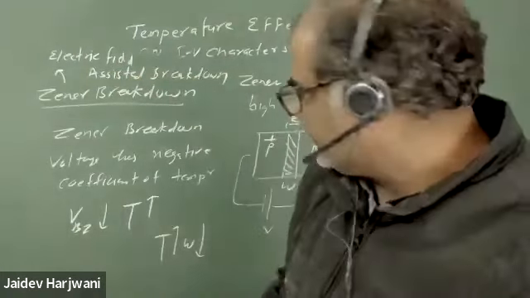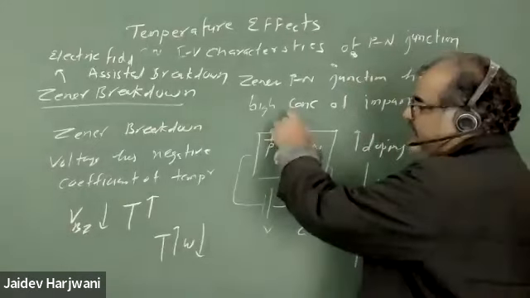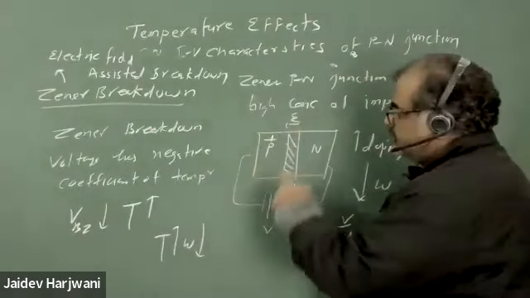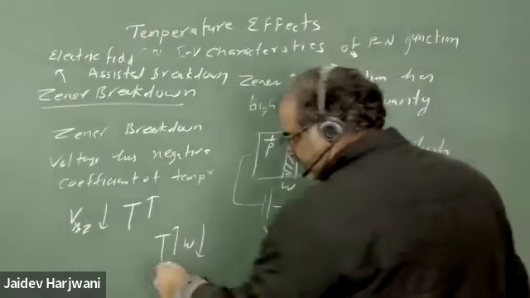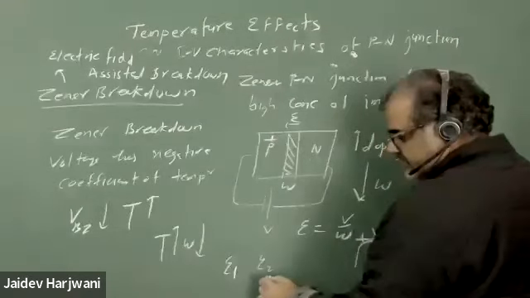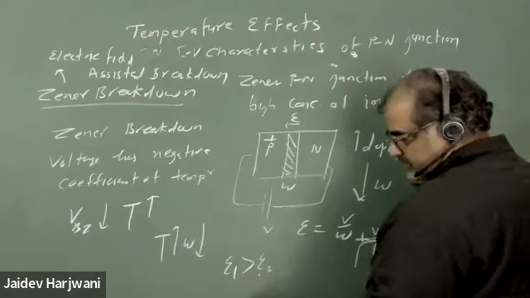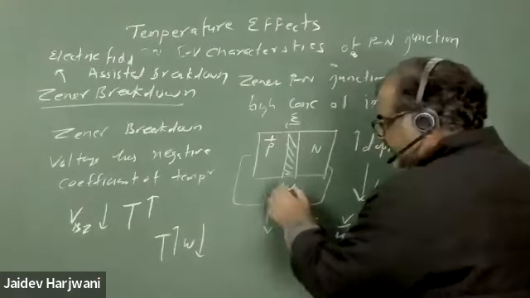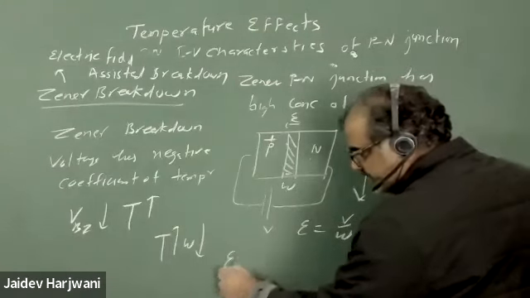Now when you increase the temperature, this width reduces, so your electric field becomes stronger. Earlier you needed some electric field, say E1. Now you don't need E1; you need E2, which is less than E1. Because the temperature is increasing, the width is decreasing, so the electric field is increasing.